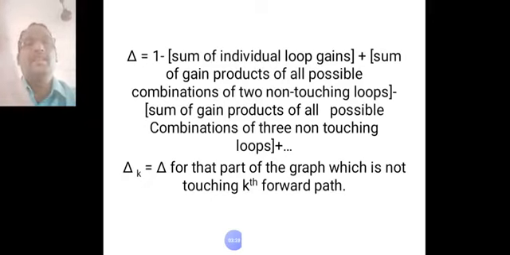Then del k is delta for that part of the graph which is not touching the kth forward path. We can understand what del k is by solving the problem.